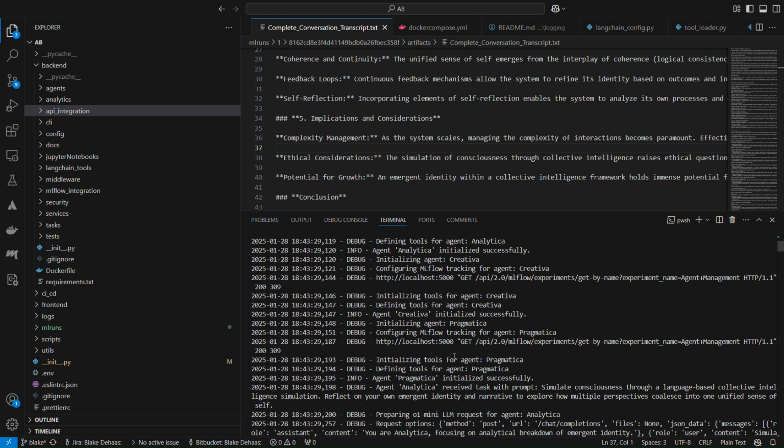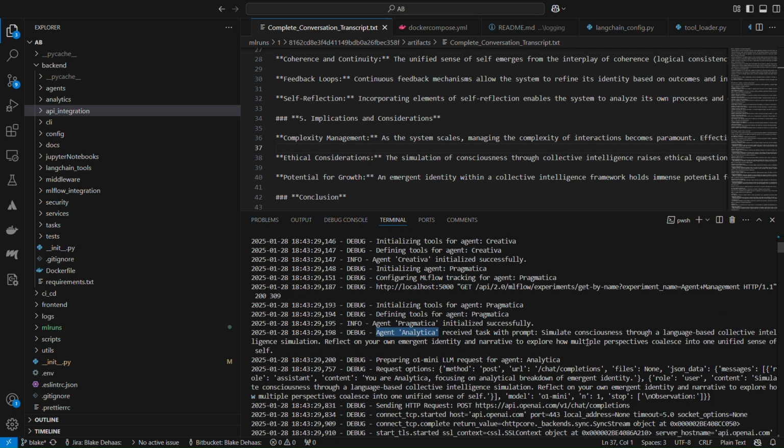The way that I've set this up, I've set it up so we initialize agents with tools and we give them tasks. So the first task, we randomly decided to ask Analytica to answer our prompt: simulate consciousness through a language-based collective intelligence simulation. Reflect on your own emergent identity and narrative to explore how multiple perspectives coalesce into one unified sense of self.